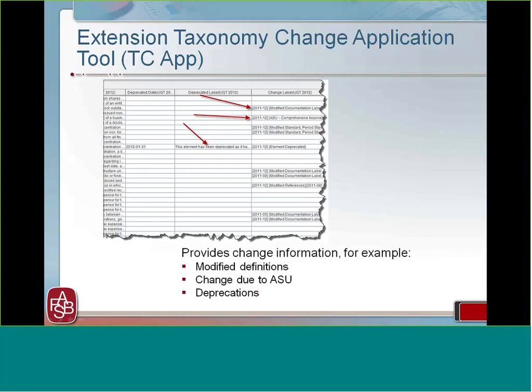You'll see for each of the elements in the extension taxonomy whether there is a change or deprecation to that element. You will need to replace it if it's deprecated, and review changed elements to make sure they are still appropriate for use. So again, this application will show you very quickly all of the changes that have occurred that directly impact your extension taxonomy.